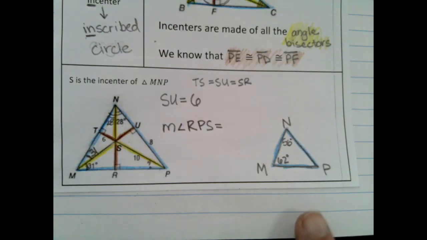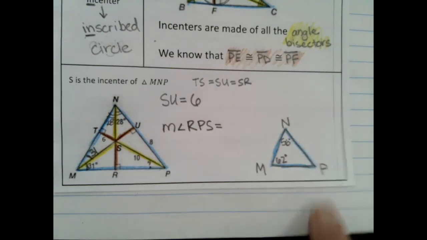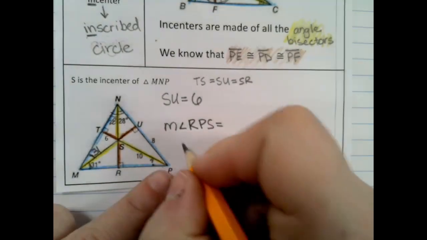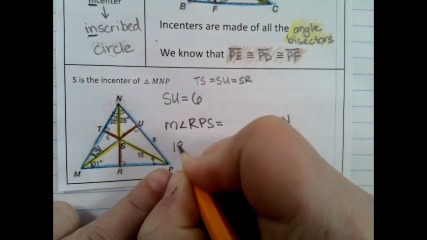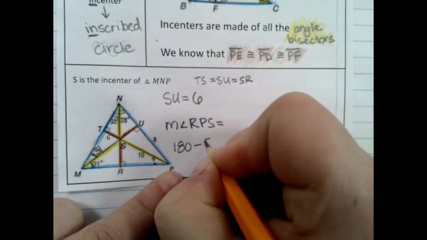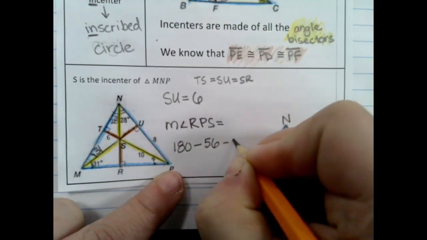All right, so how can I find a missing angle in a triangle? Good, subtract both numbers from 180. So however you do that, some of you I know do the 56 plus 62. You can do that. I just do 180 minus 56 minus 62.